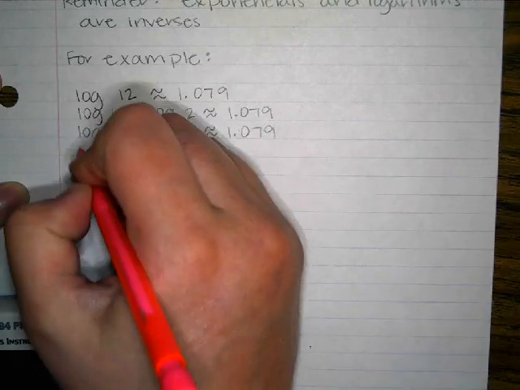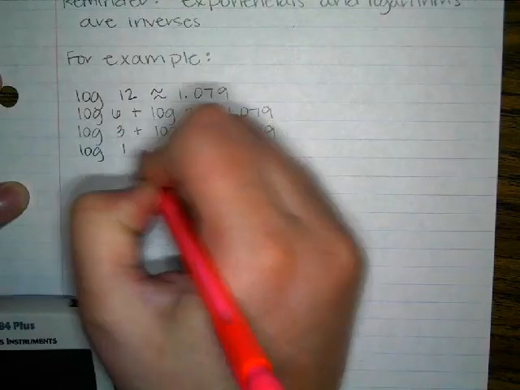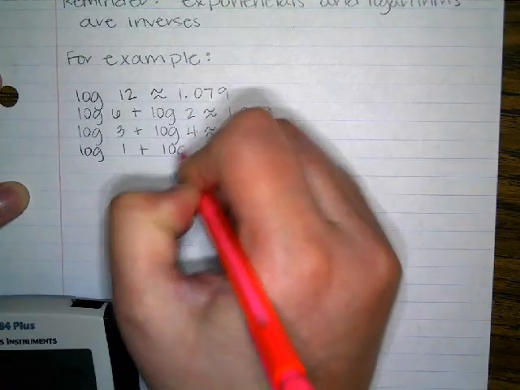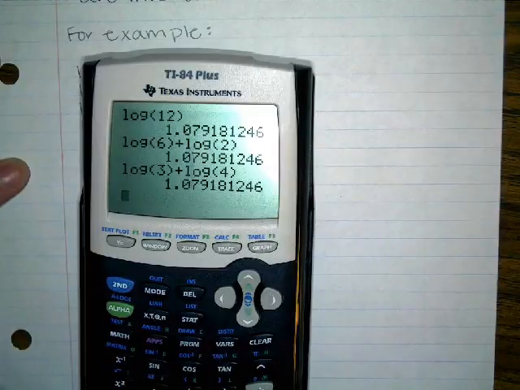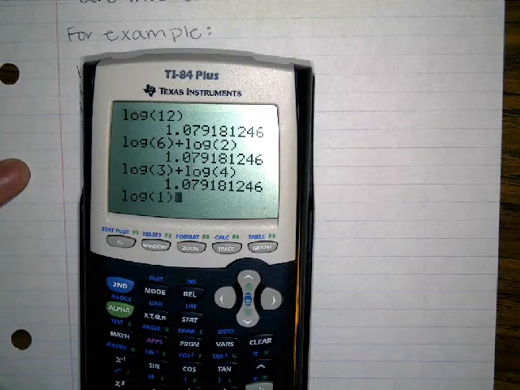Let's try log 1 plus log 12. Surely that wouldn't be the same thing as just plain log 12. Log 1 plus log 12. Same thing.